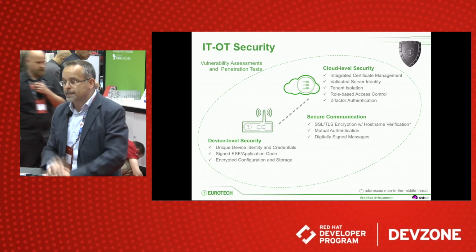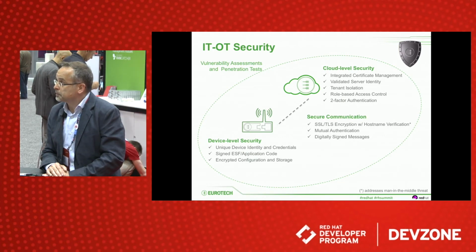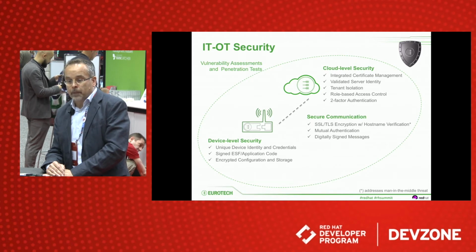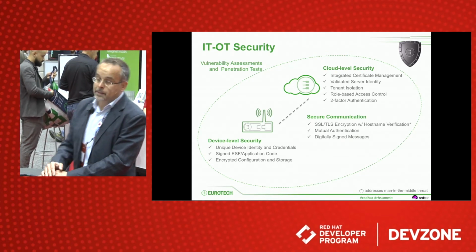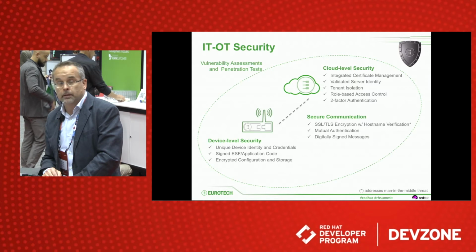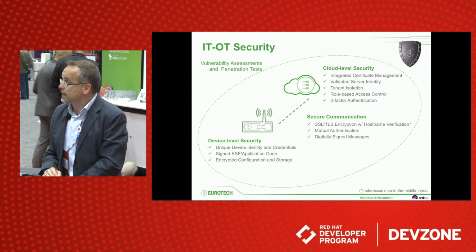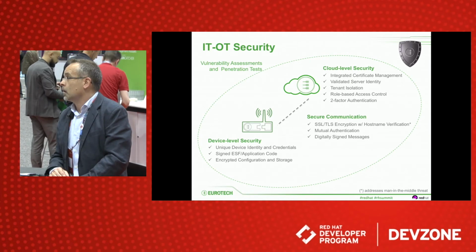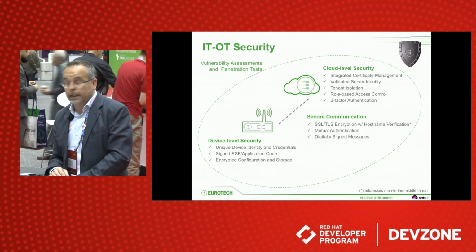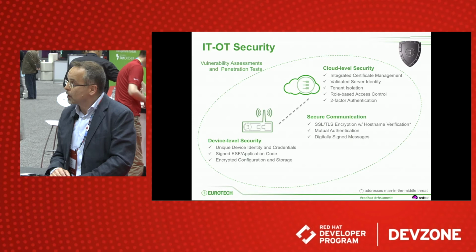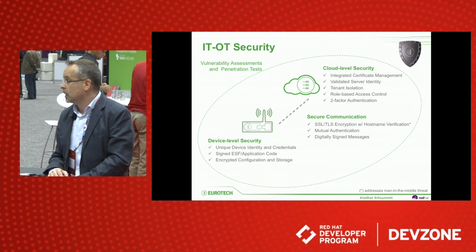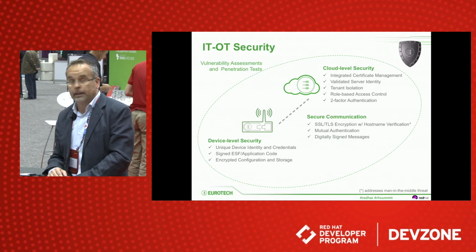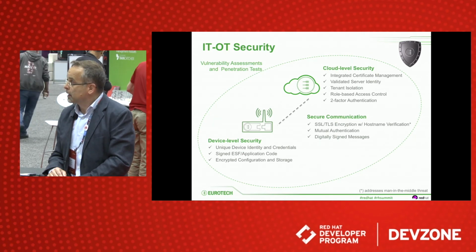At the device level, we can actually deploy code that has been signed, and only signed code is going to be executed at the device level. And for the communication between the two, obviously we have full encrypted communication and host name verification, which is a typical weakness that can be exploited by middleman attacks.